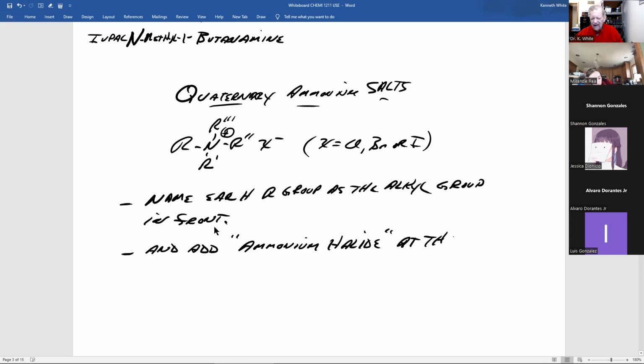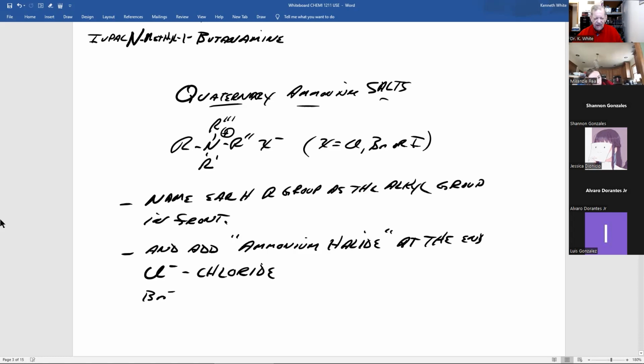There are other anions, but I'm going to stick to the halogens. Add the words ammonium halide at the end. Now, what does that halide mean? Well, watch. Cl minus is chloride. That's what we mean by halide.